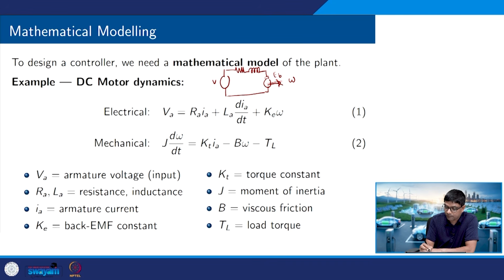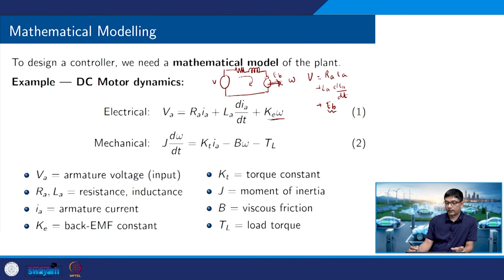Now, there is also a current component here. So, the first equation will be V equals R_a i_a plus L_a d(i_a)/dt plus the back EMF, and the back EMF is related to the angular velocity by the term Ke times omega.